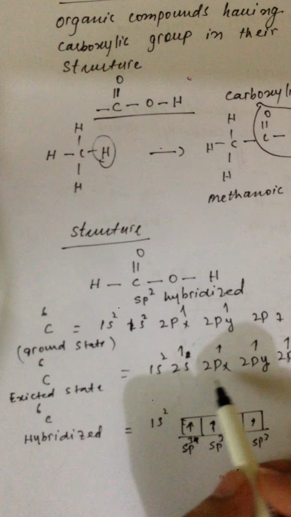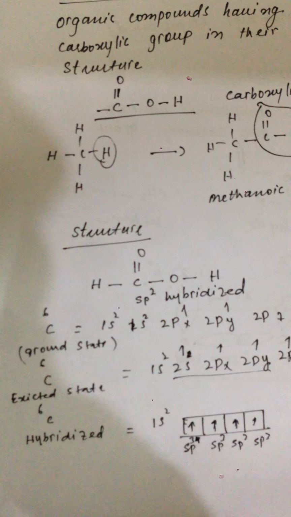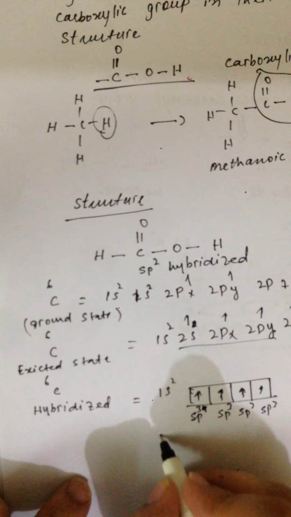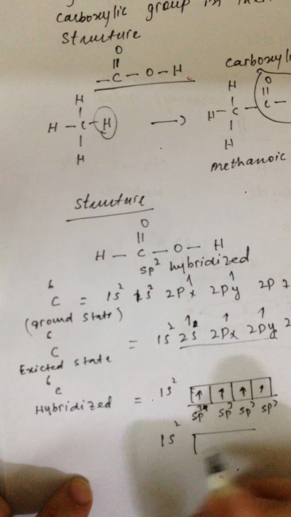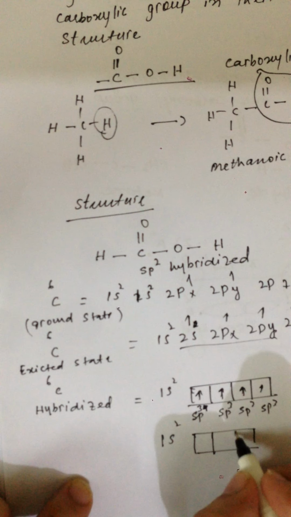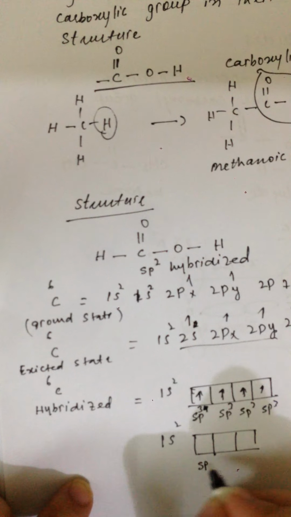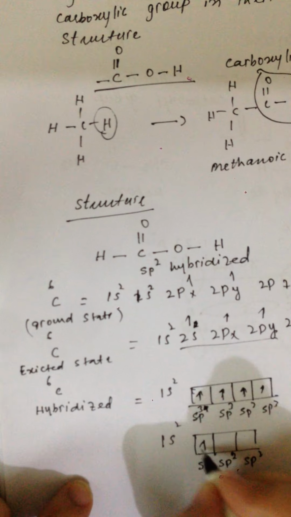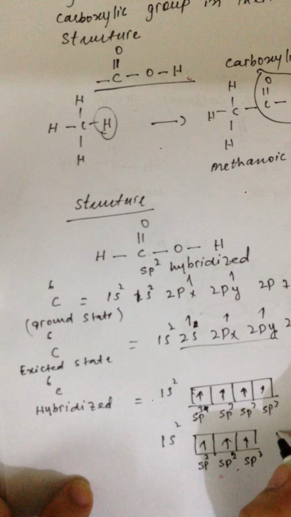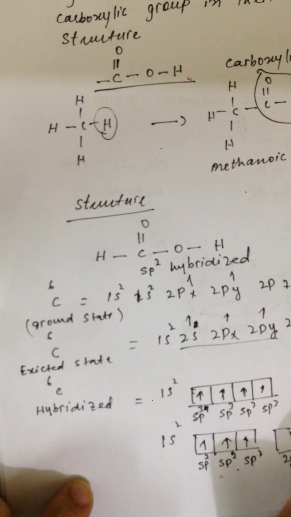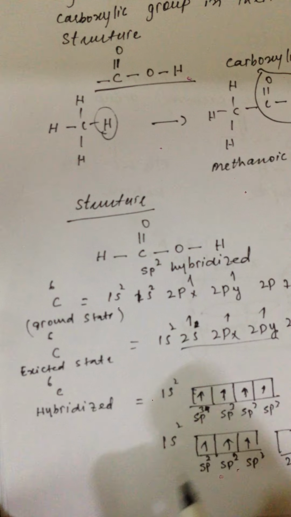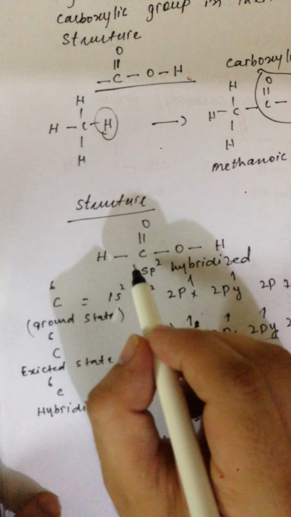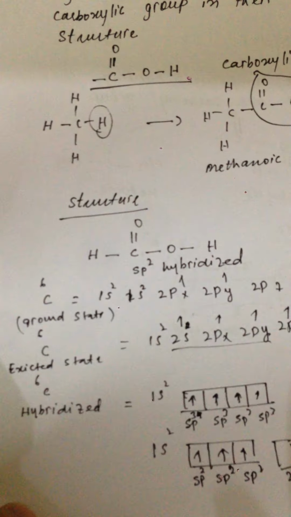But if 3 orbitals from here take part in hybridization, then we will have this 1s2, 3 sp2 orbitals, each with 1 electron, and 1 unhybridized 2pz orbital. So we have this hybridization of carbon atom in the carboxylic acids.